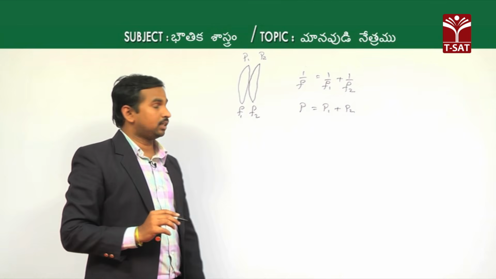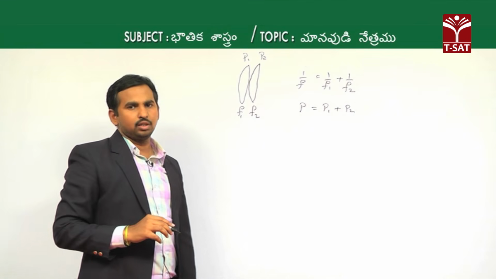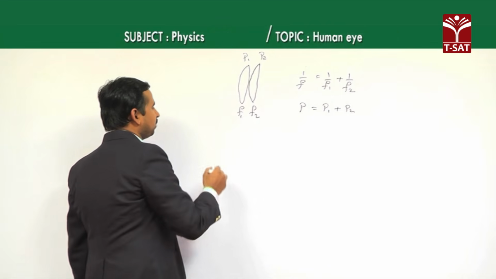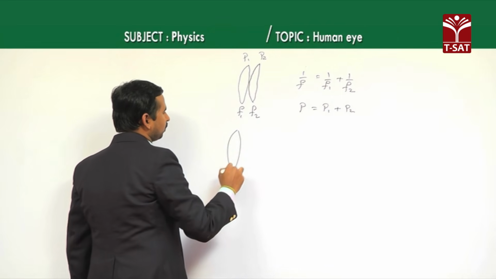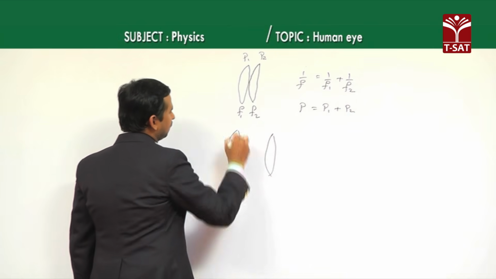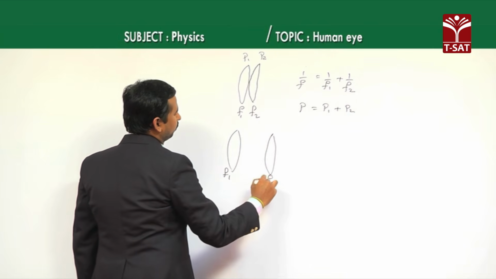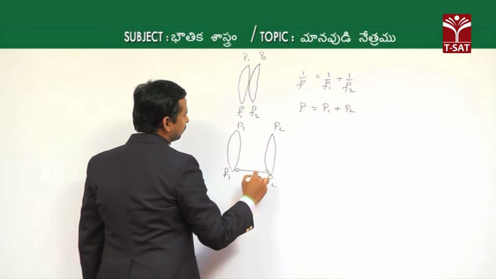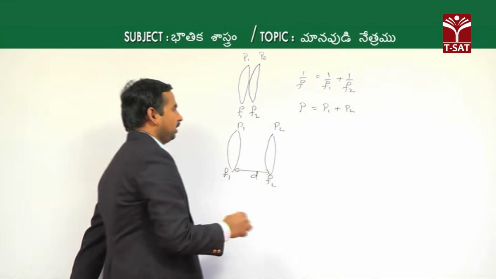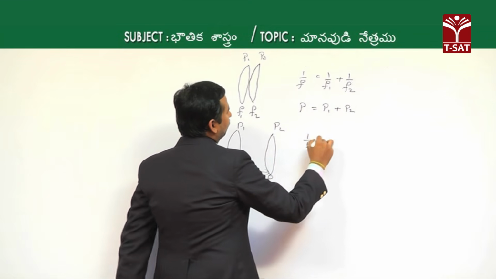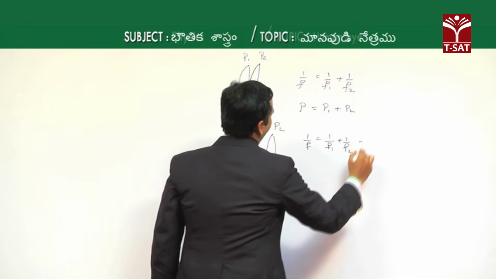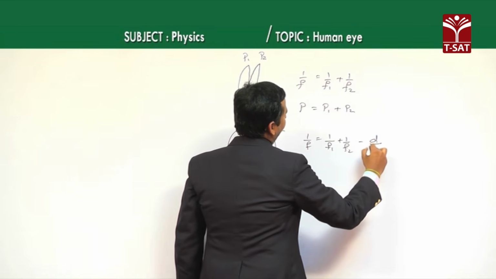If the distance between the two lenses is 0, then we use this formula. If there is a distance between both the lenses, this is one convex lens, this is another convex lens with focal lengths f1 and f2, and let these be p1 and p2, and let the distance between them be d, then the formula is 1 by f is equal to 1 by f1 plus 1 by f2 minus d by f1 f2.